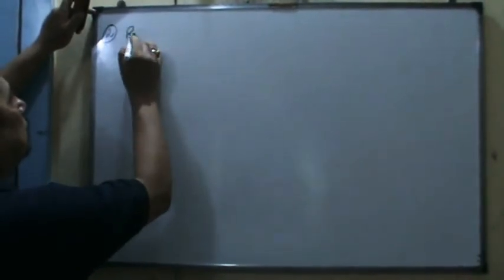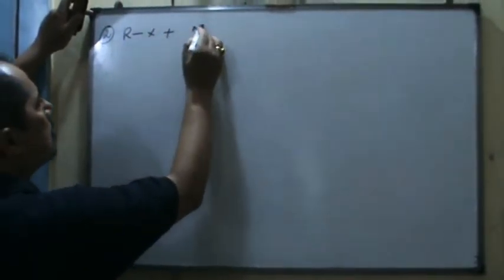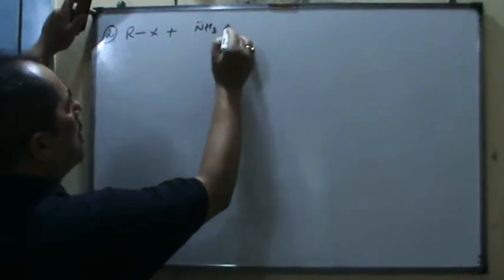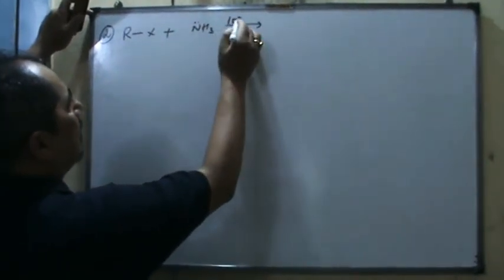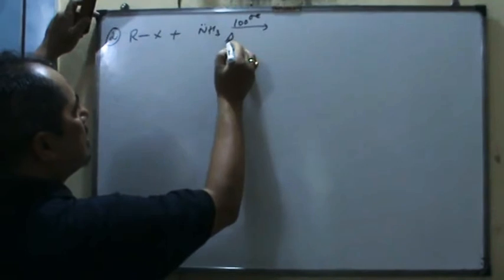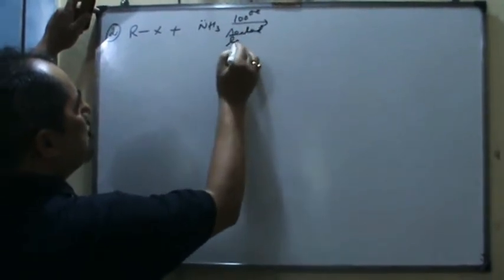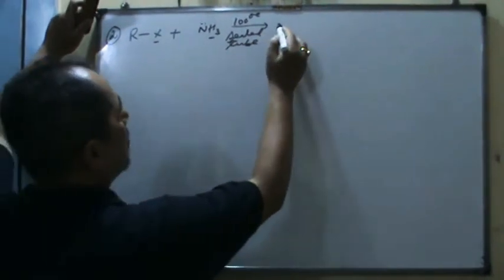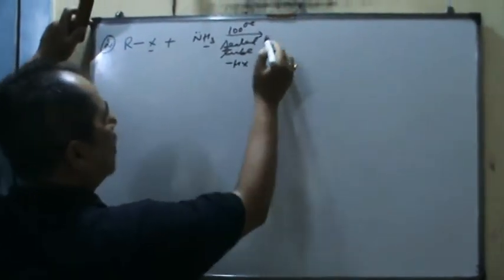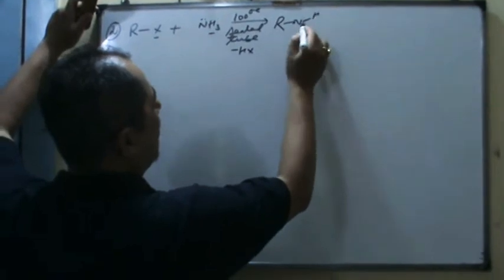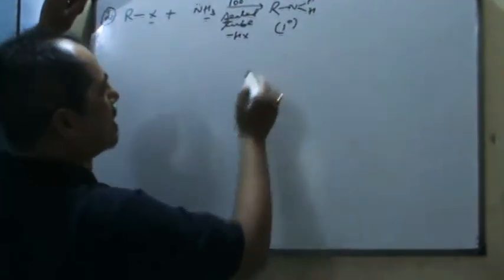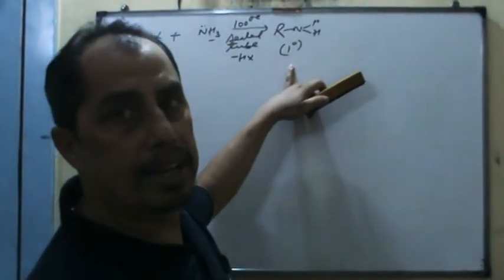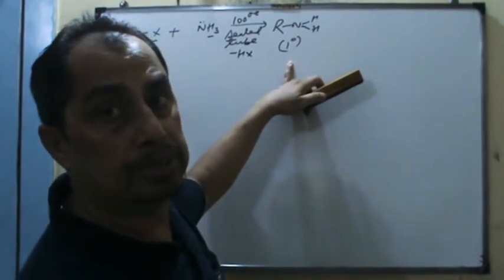So you take RX plus ammonia at 100 degrees Celsius in a sealed tube apparatus, HX is lost, RNH2 is formed. What degree amine? It is primary amine, 1 degree amine. There are 2 hydrogen atoms.